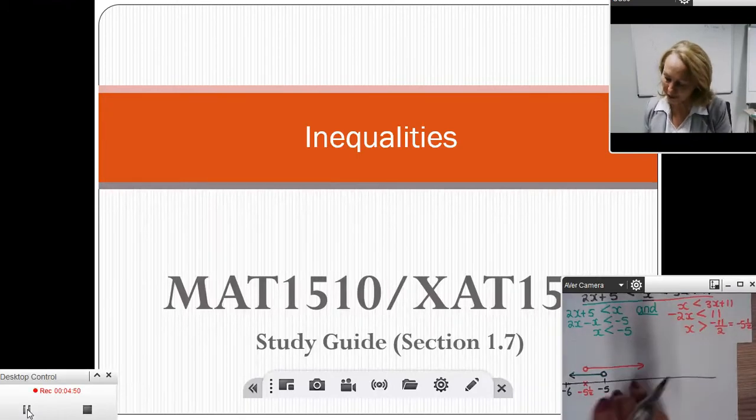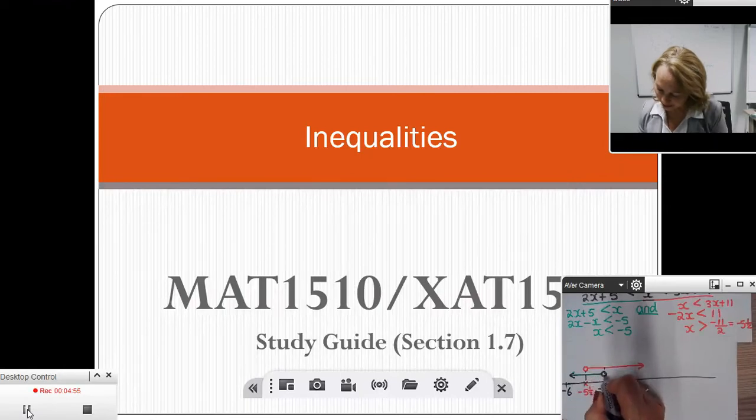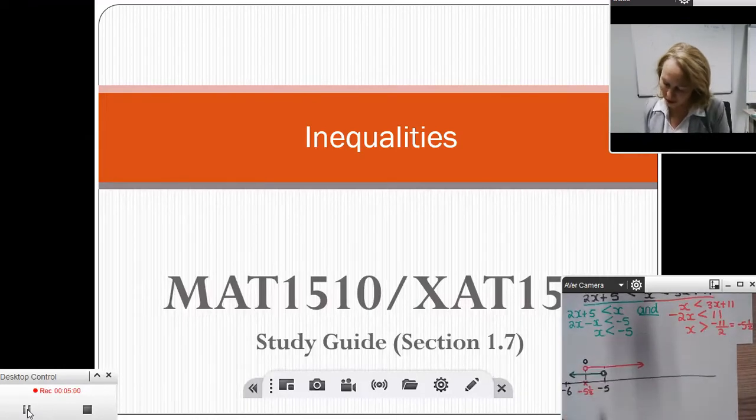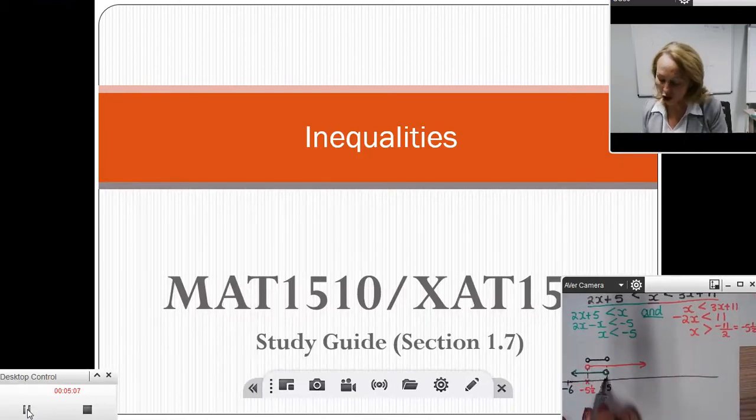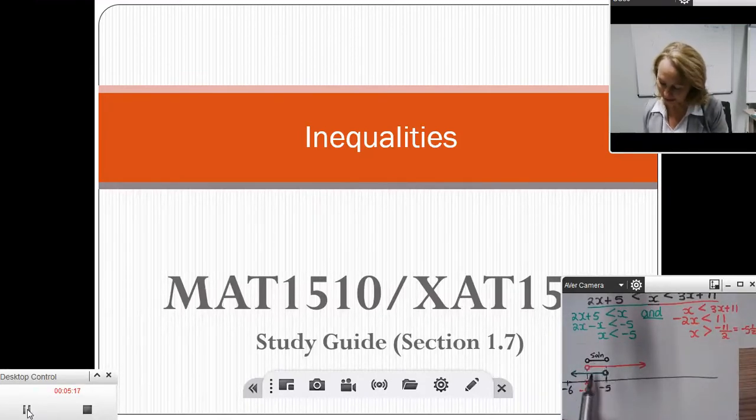If we are to represent this as a simultaneous solution, we are interested in these values, all right? So we're interested in the values from minus 5.5 to minus 5. Both of these endpoints are not included in this case, and that is my solution. So on the number line, the solution is represented as all the x's that lie between minus 5.5 and minus 5, but excluding the endpoints.